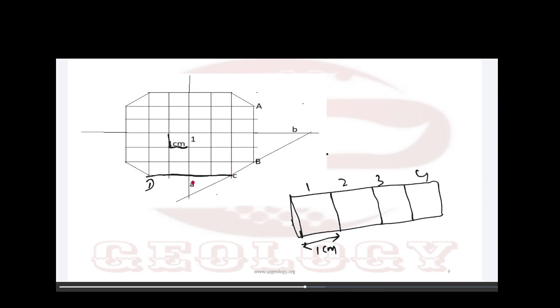So what will be the A axis intercept on CD face? 3 cm plus up to that point, what will the length be? Sir, 3 cm, 1 2 3. So it will be 3 cm. Then what will be the B axis intercept on CD face?